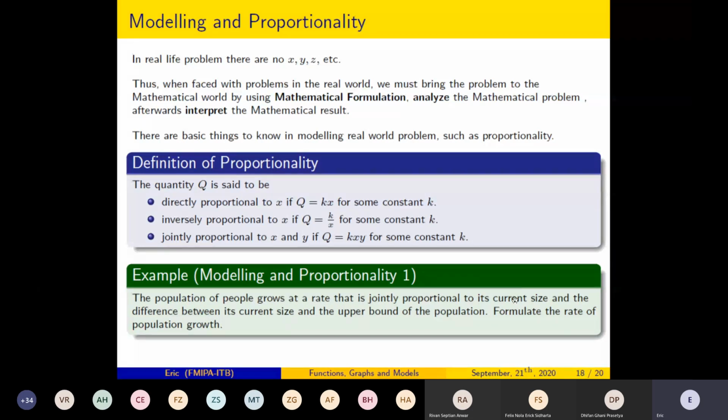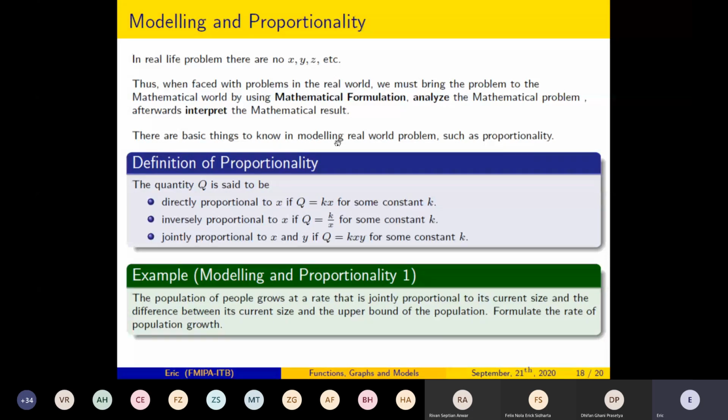Let y be the current size of the population. Let z be the upper bound of the population. So it changes from the real world problem to the mathematical world. That's what we usually call mathematical formulation. Then I can use all the algebra we have discussed before, analyze the mathematical problem, and afterward interpret the mathematical result into a conclusion.